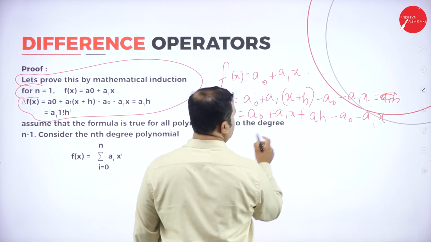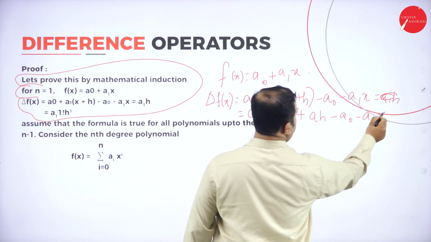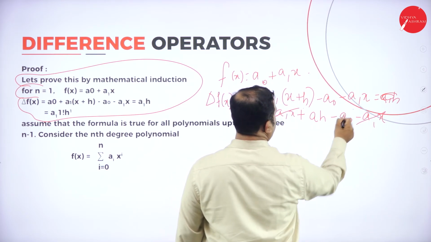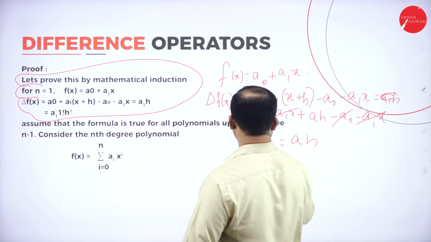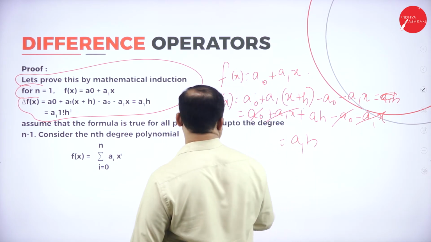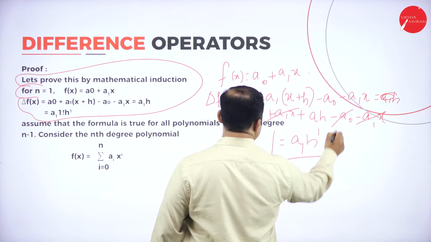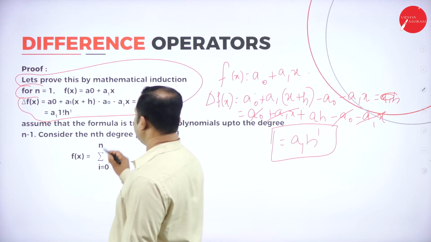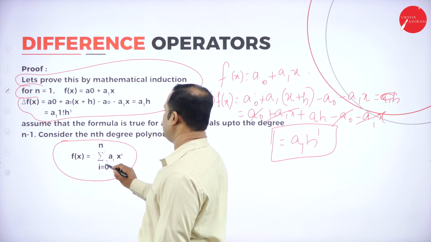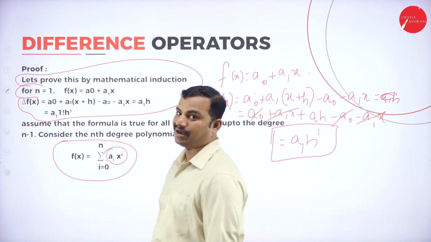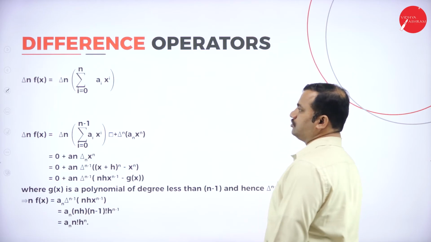This leads to what? a0 minus a0, a1 x minus a1 x. We are left with a1 h. That is the value we are going to get, a1 h. So this is the formula. So we have found that f of x equals the summation, i equal to 0 to n, a_i x to the power i. So this is how we are going to calculate.